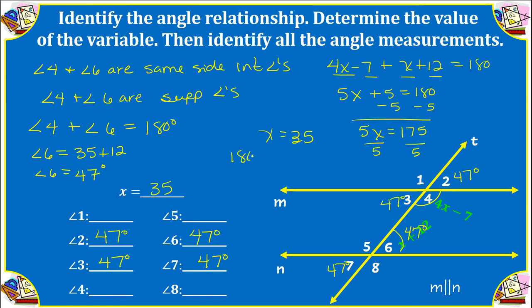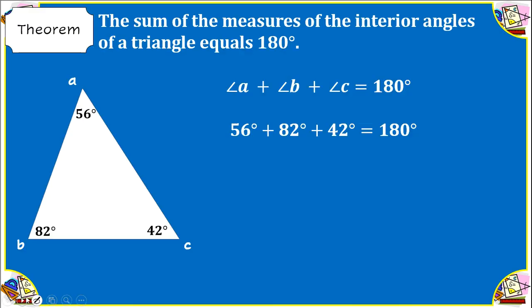And then our obtuse ones, subtract that out. I believe it's going to be 133. Just to make sure. Okay, now let's go into our triangle problems.